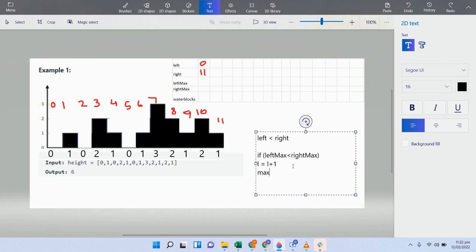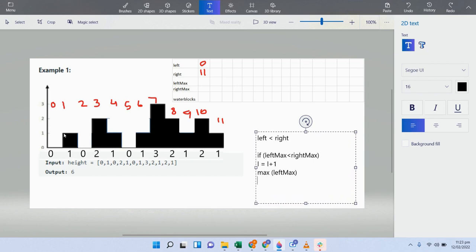I should calculate left max, okay? And then I need to calculate how much water can be stored. So for example, I am now standing at this point. Can I store any water at this point? No, because I don't have any valley at this place.